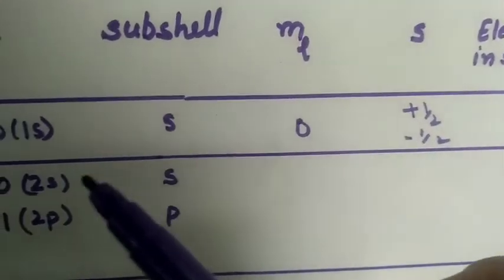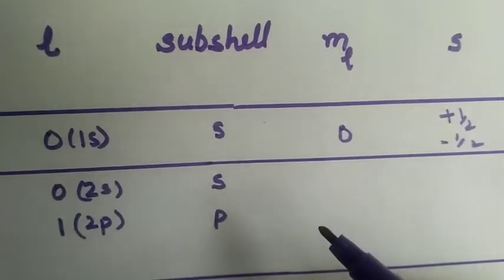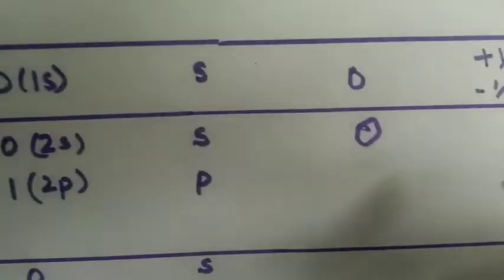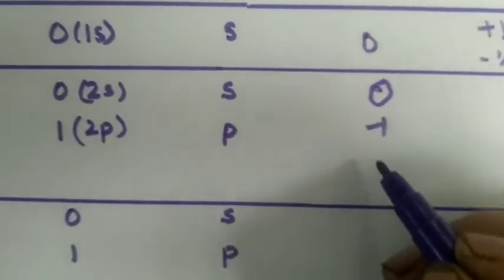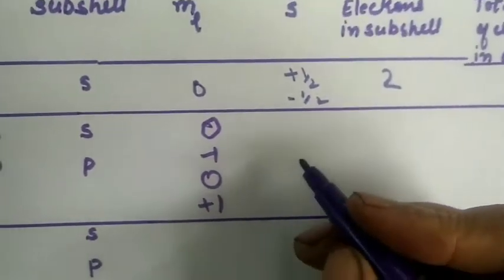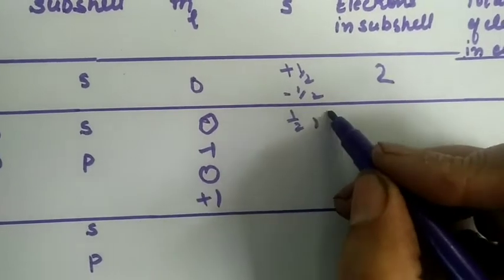The value of ML can be from plus L to 0 to minus L. For L equal to 0, the value of ML will be 0. But for 1, the value can be minus 1, 0 and plus 1. Spin values can be plus half and minus half.